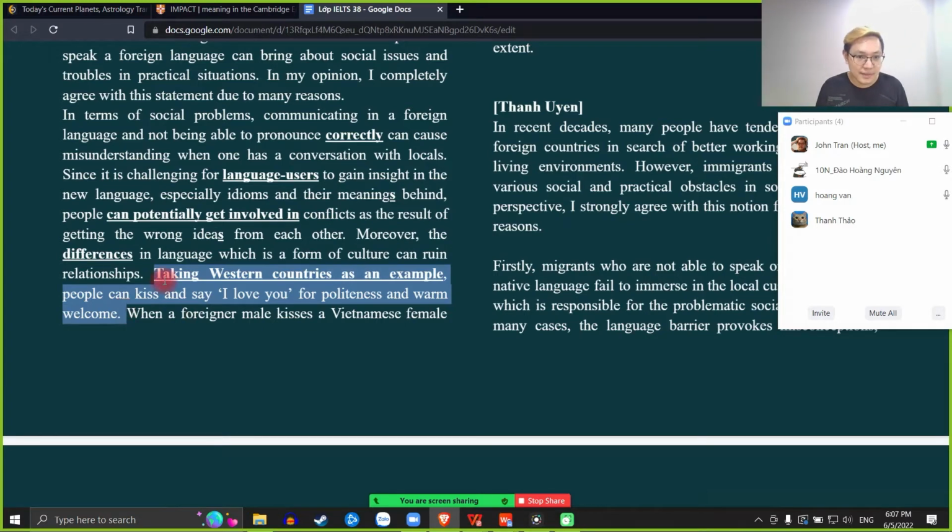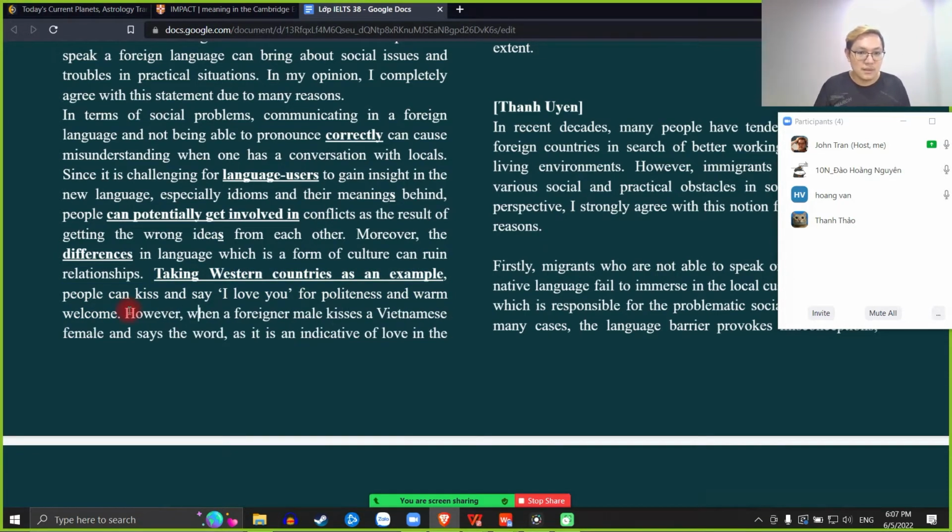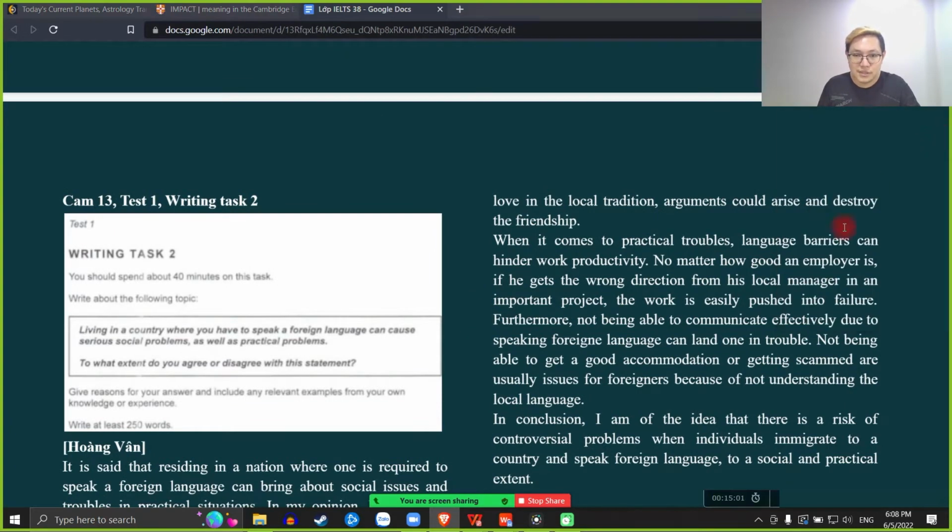However, when a male foreigner kisses a Vietnamese female and says the word, it is indicative of love in a local tradition.